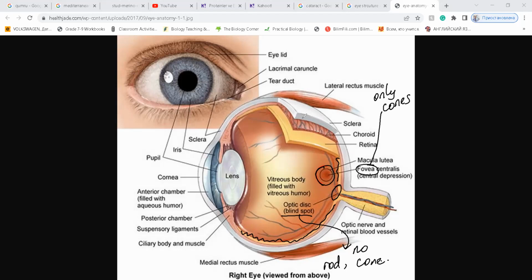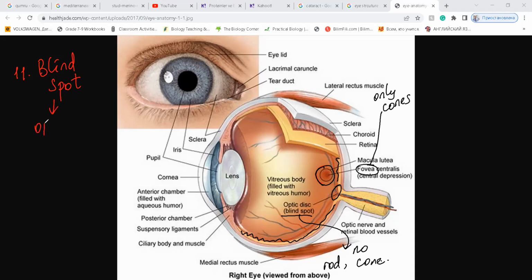And what's the blind spot, guys? I will give you information about the blind spot. It will be our which numbered part? 11th, I think. So 11th, okay. The 11th part is the blind spot, guys. In the blind spot, there's no receptor. But it is an important part. Why?